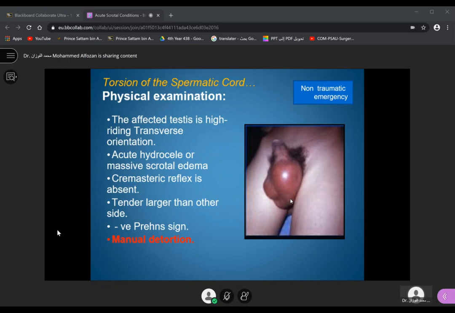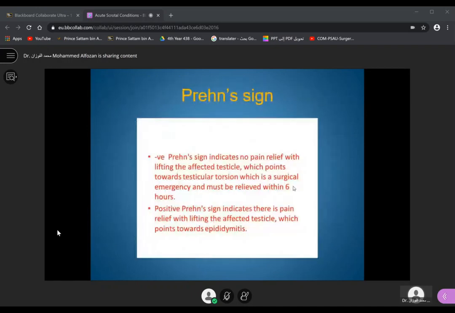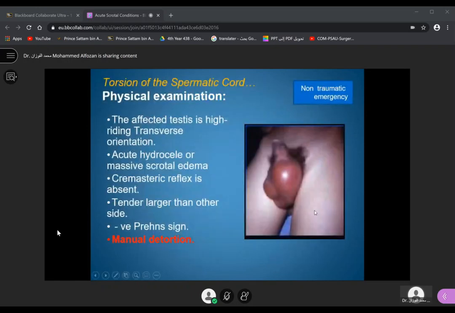The affected testis will be high riding, and it will not be in the normal position. So always, for any examination, not just testicular examination, limb examination, eye examination, you start with the normal side. You examine the normal side first, you establish what's normal for this patient, then you go to examine what's abnormal.